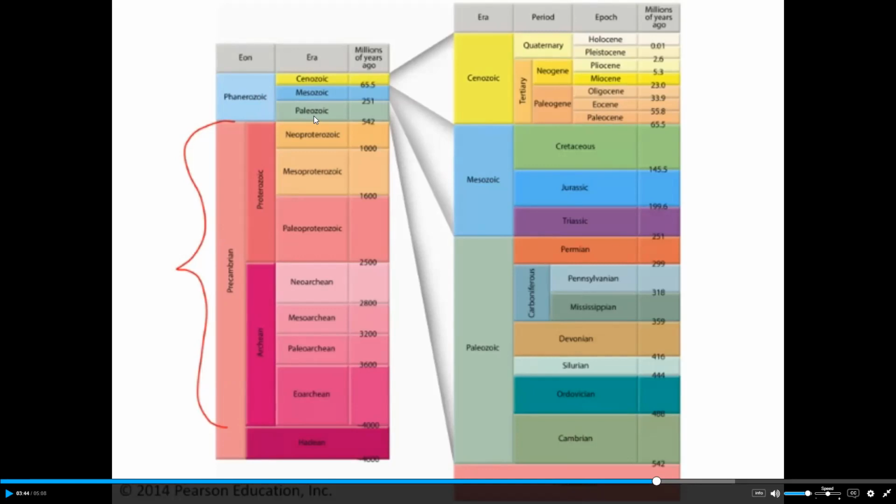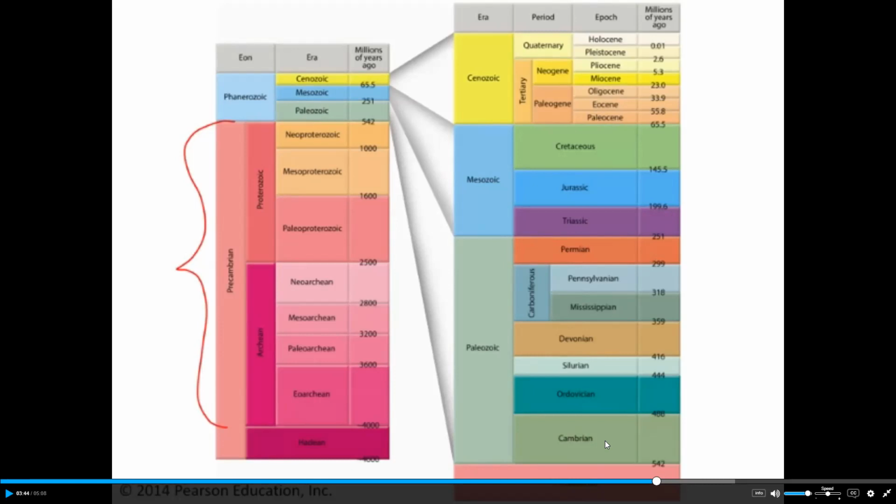And so then we can break the eras down into periods. You see there, if we just enlarge that, we see Paleozoic, Mesozoic, Cenozoic, and how we can divide those down into periods. Each of these periods is characterized by a less profound change in the life forms. And then the periods can be divided into epochs.